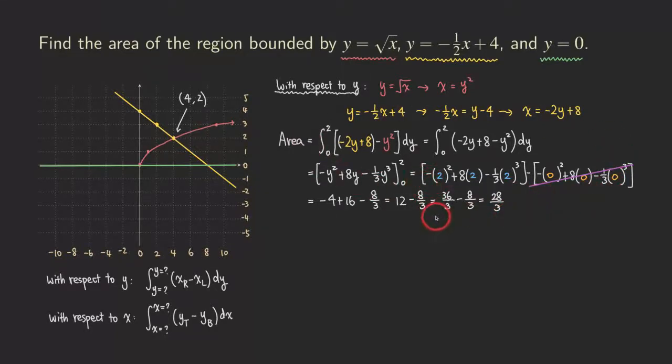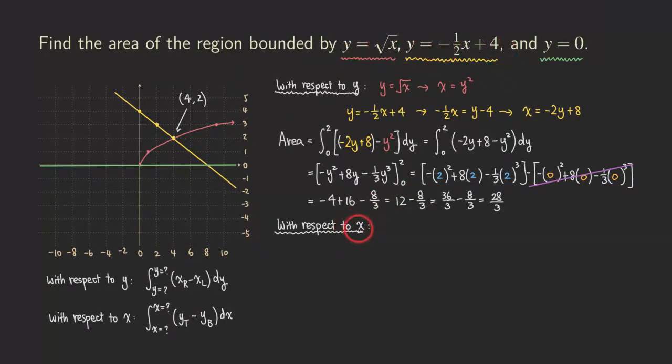Now I want to do it in a different way, which is to integrate with respect to x. Okay, so we are going to just do another setup right here. Yeah, so let's look at how this will work. We don't need to do this extra step of solving for x anymore because we already have the y isolated right here.